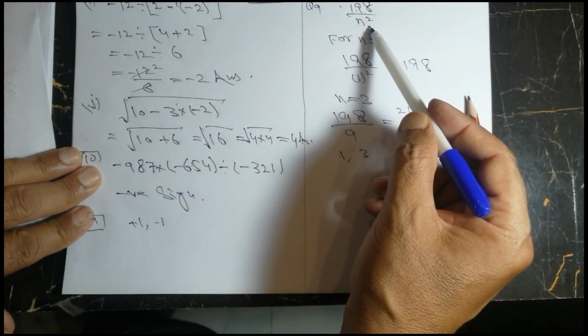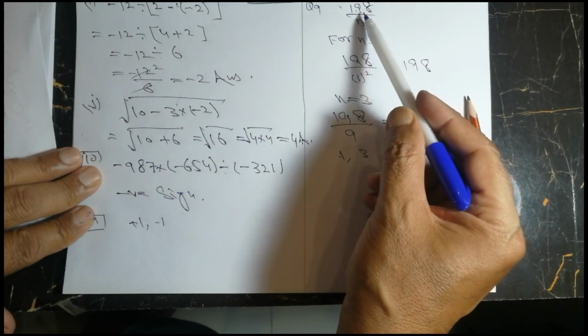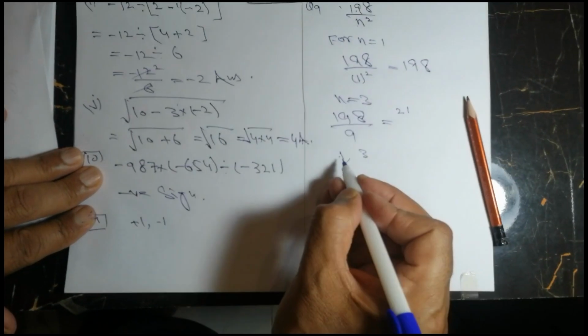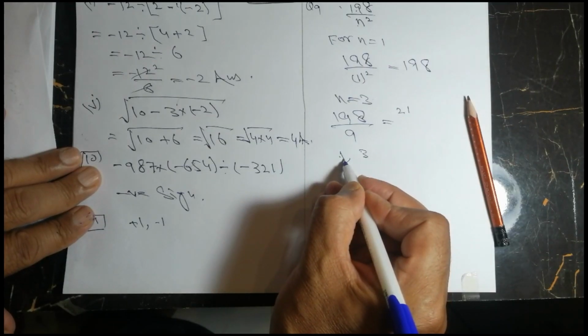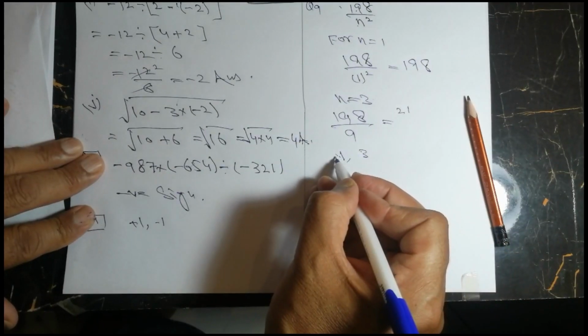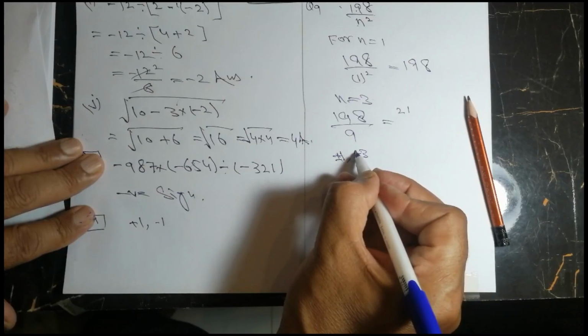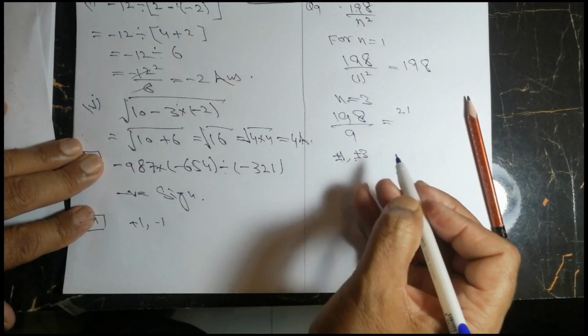For 4 square 16, it is not divisible, even not by 5. So it is divisible for n equal to 1 or 3, and because this is square, we can place plus or minus. So this is the answer.